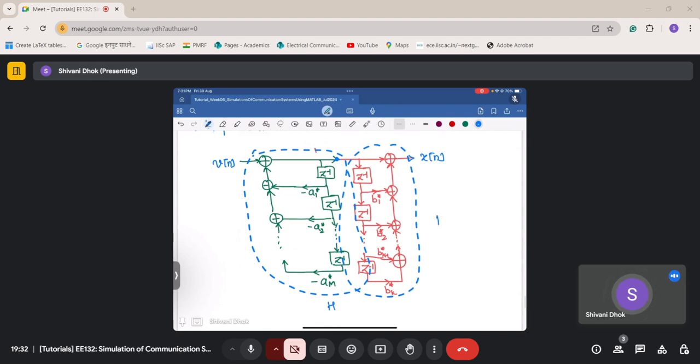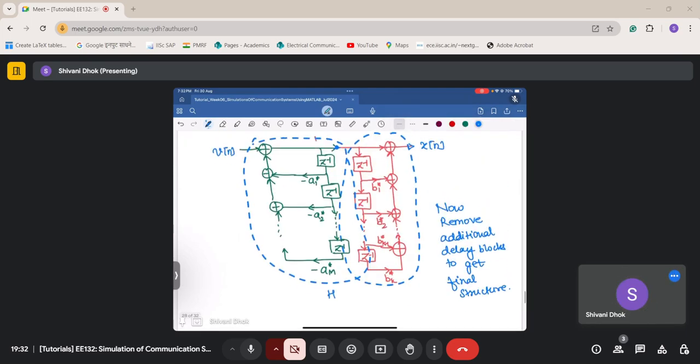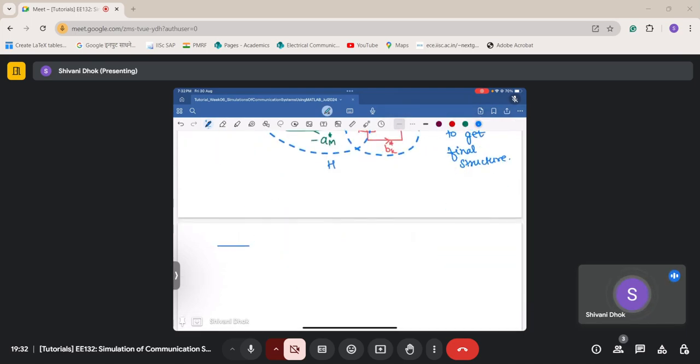So what we will do now, remove additional delay blocks to get the final structure. Okay, so how will the final structure look? We have v of n that gets added.